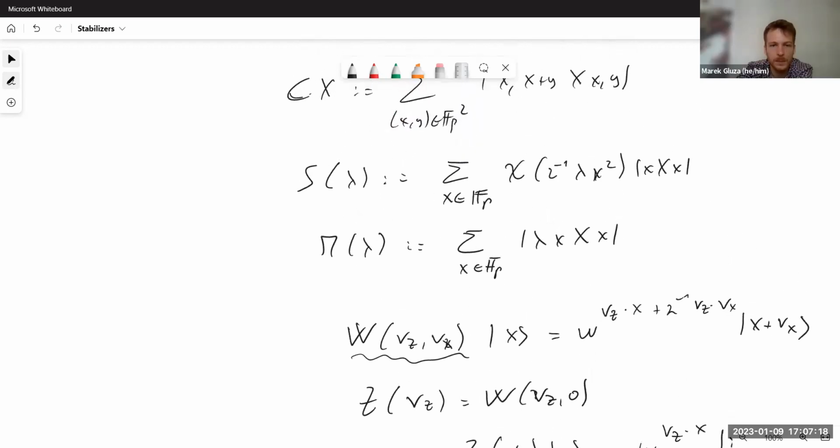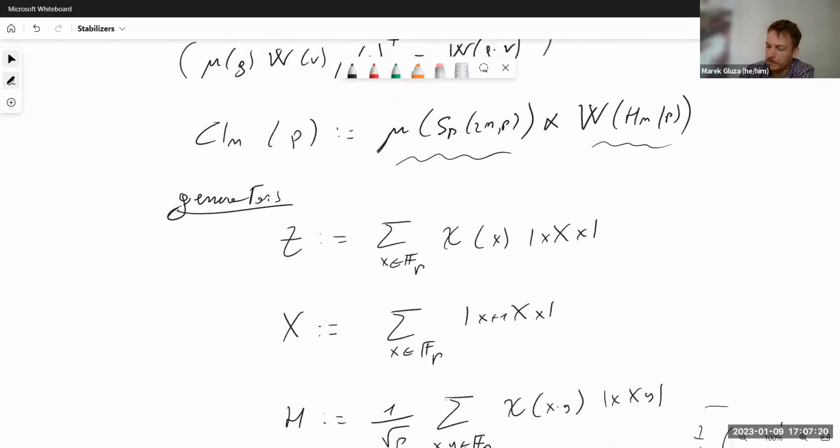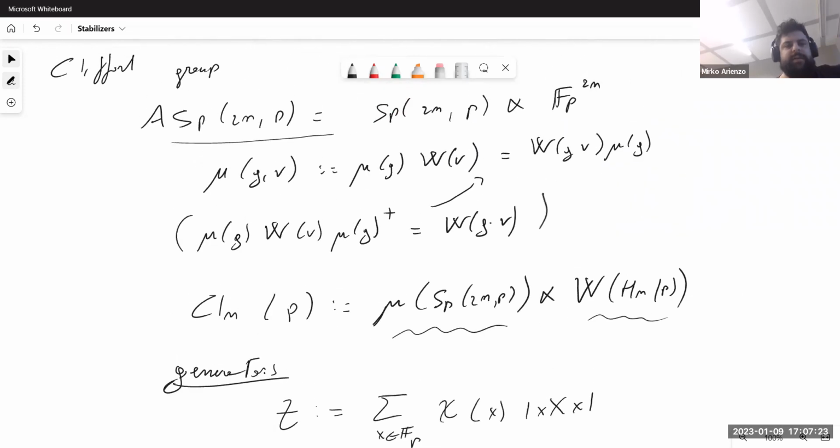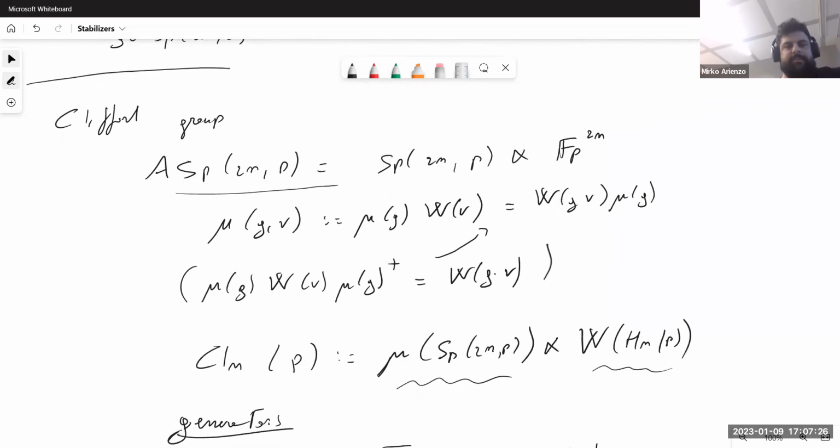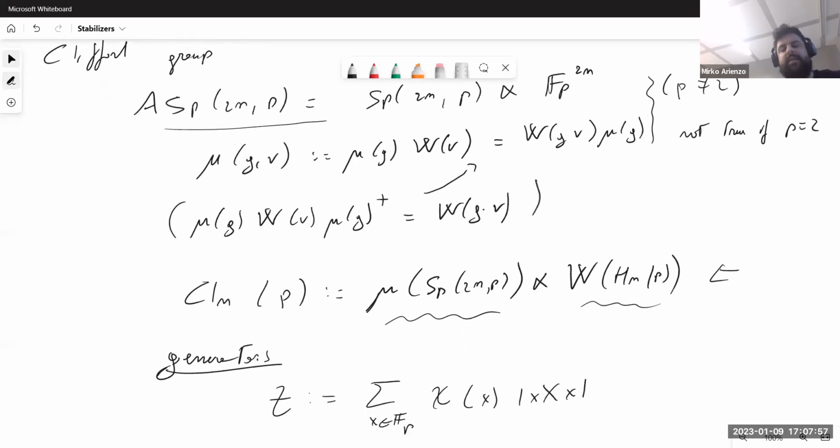Okay. I just want to mention what's happening in the case P equals 2. Yeah, it was P not 2 before. The thing is that these two equations are not true if P is equal to 2, and so you don't define the Clifford group as in this equation here, because you don't have this nice structure.